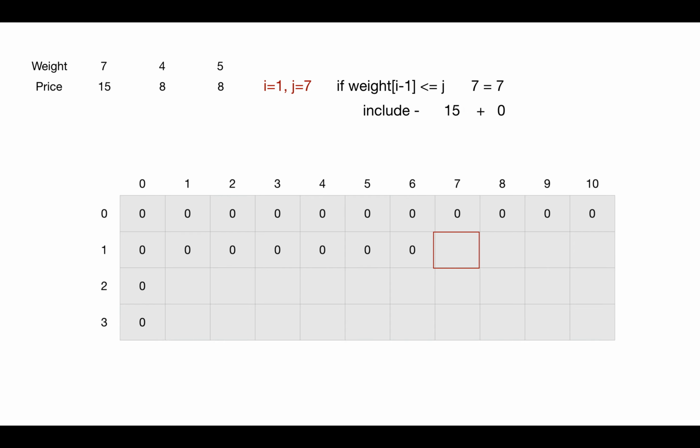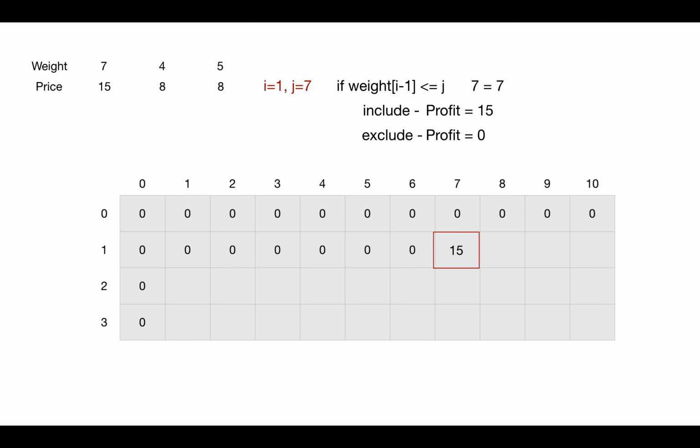So we add 15 and 0. This is the profit when we include this item. Now when we exclude this item, the profit will be the profit for the remaining items, value 0, 7, which has value 0. So max profit for this subproblem will be 15. Hence we update 15 at the current cell.